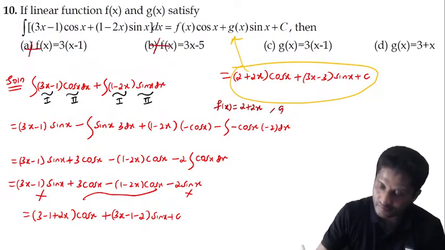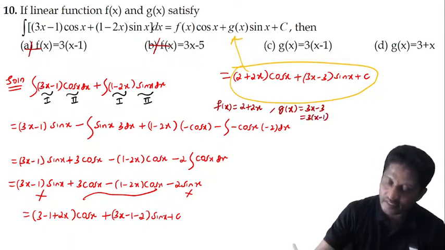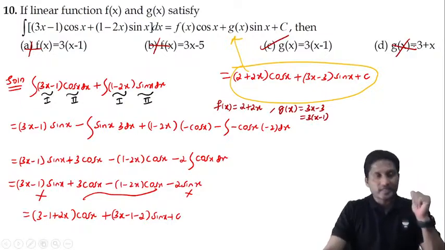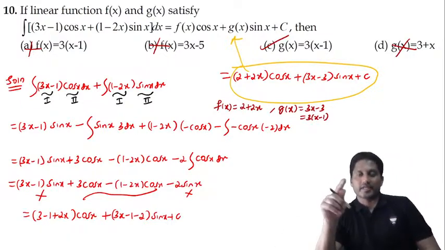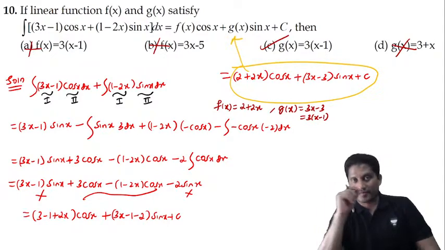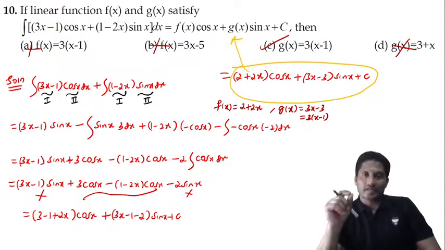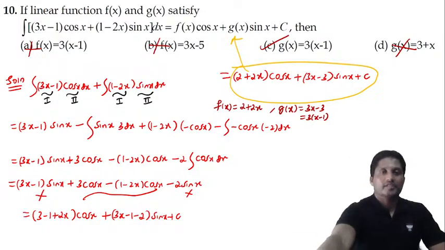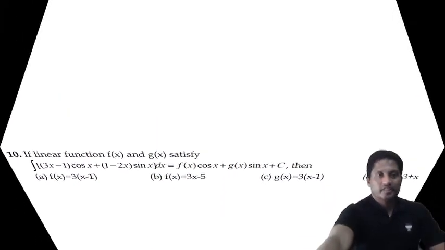If I compare g of x, it is equal to 3x minus 3, which is 3 into x minus 1. Okay, answer is option C. Even this is ruled out. Answer should be C only, guys. Just use by parts, bring it to the form f of x into cos x plus g of x into sin x, and then you equate the values of f of x and g of x. You will get the option. Let's move to the next question.